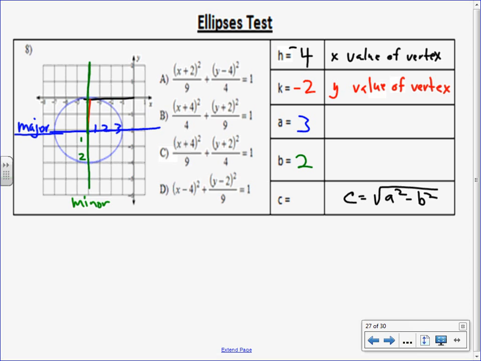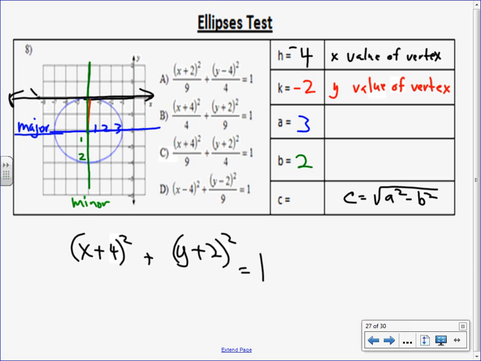So I go X plus 4 squared plus Y plus 2 squared equals 1. And the question becomes, where do A and B go? Well, you see that the major axis is parallel to the x-axis. This is the x-axis, and the major axis, that blue line, is parallel to it.